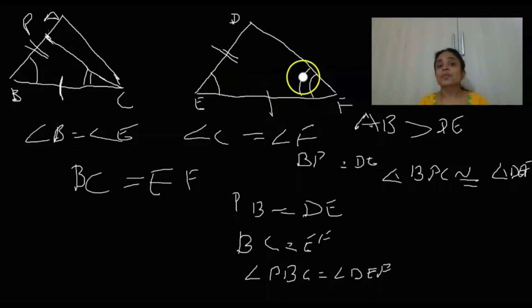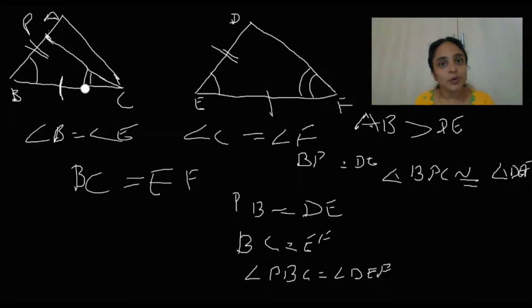Because if these two angles are equal, then this length also should be equal. That is, this P should coincide with A. Thus, we can say that AB is equal to DE. So triangle ABC is congruent to triangle DEF from the SAS property.